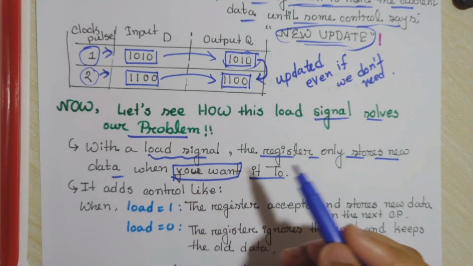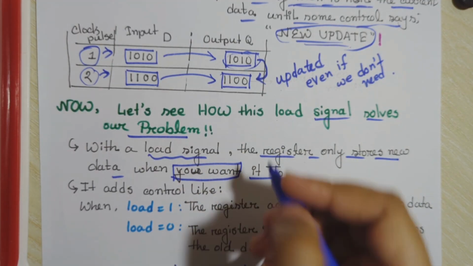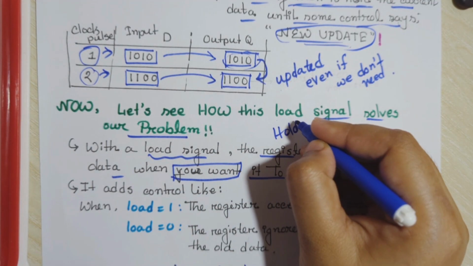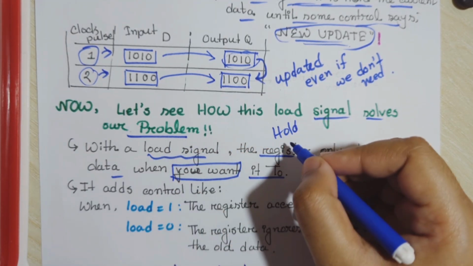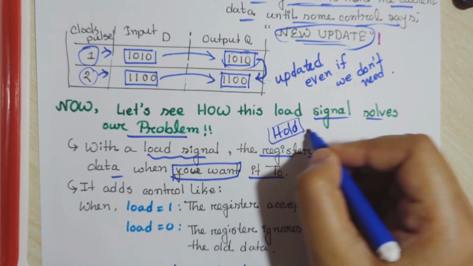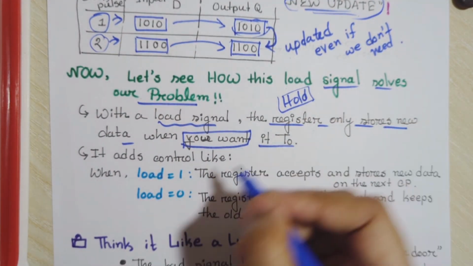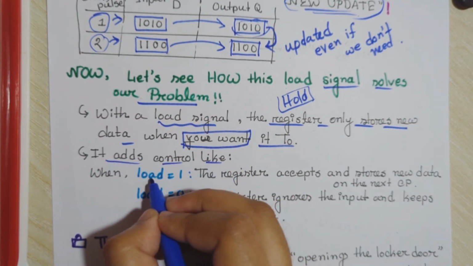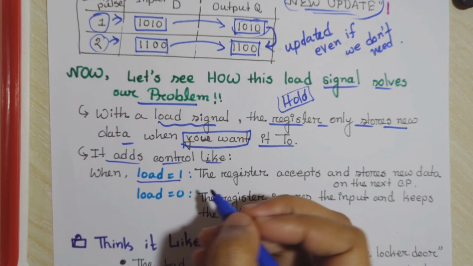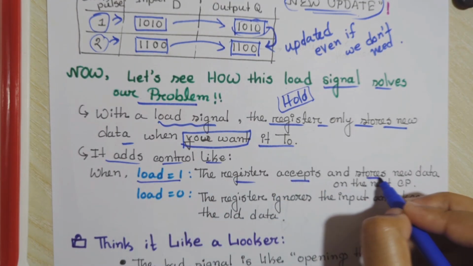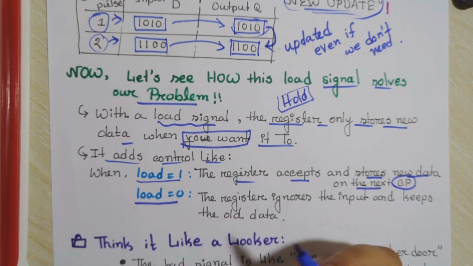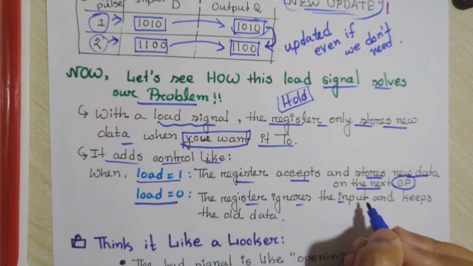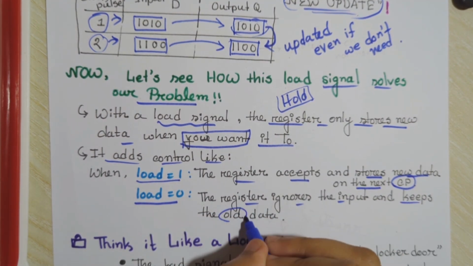And when we don't want to update, meaning we want to hold our previous data, then with this load signal we don't take any new updates and we can hold our old data. Let's see how it acts. When the load equals 1, the register accepts and stores new data on the next clock pulse. And when the load is 0, the register ignores the input and keeps the old data.